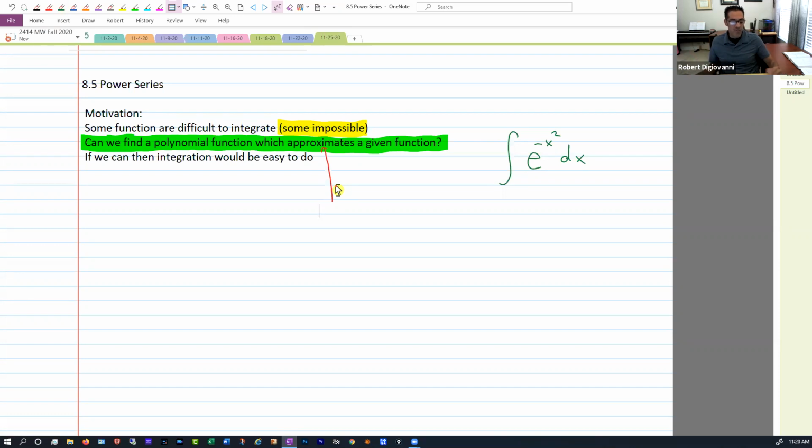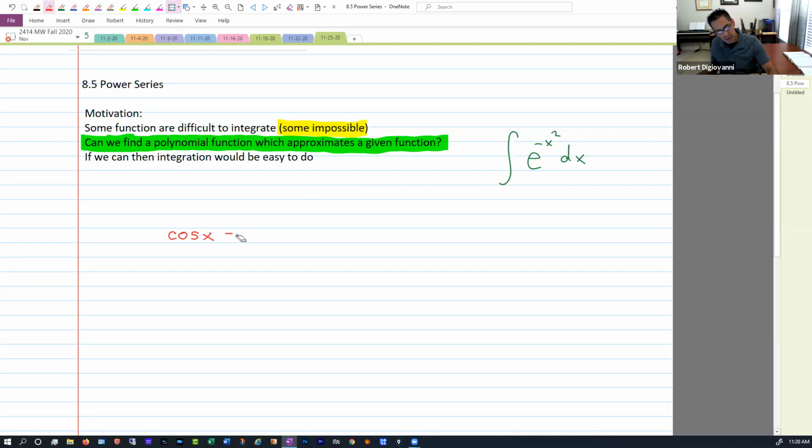All right. Now, the reason why Newton asked this question was because if you could approximate a function with a polynomial, then it would be very easy to integrate that function, wouldn't it? So let me give you an example right now of a function that you're all familiar with, cosine x.